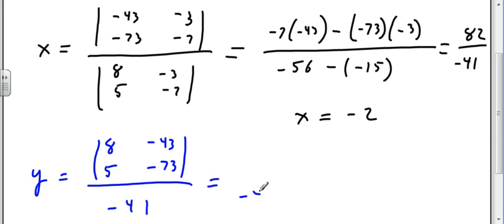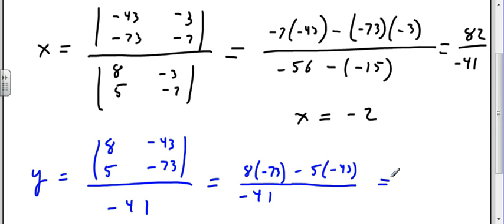So I'm going to have minus 41 on the bottom. 8 times minus 73 minus 5 times minus 43, 8 times minus 73 plus 5 times 43. So I've got a minus 369 on the top and a minus 41 on the bottom. So that looks like a 9. So x is minus 2, y is 9.